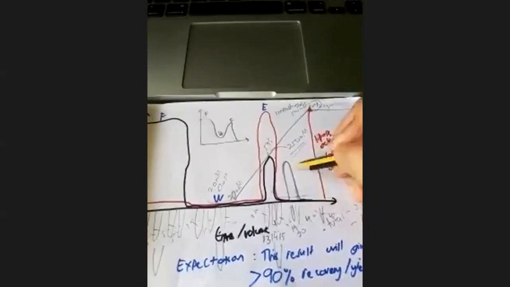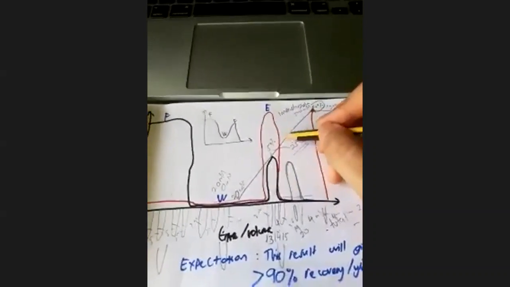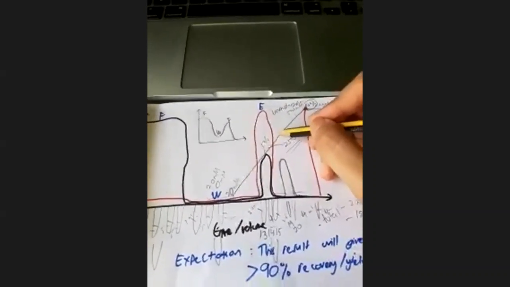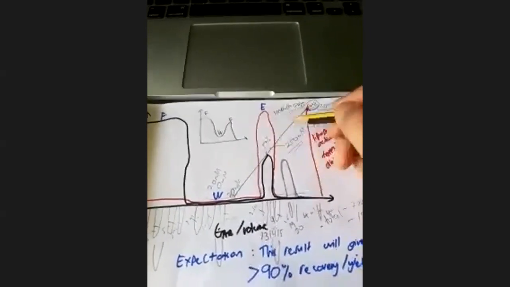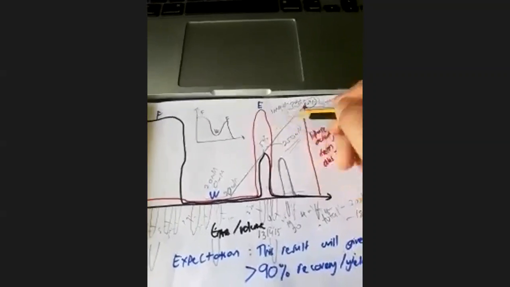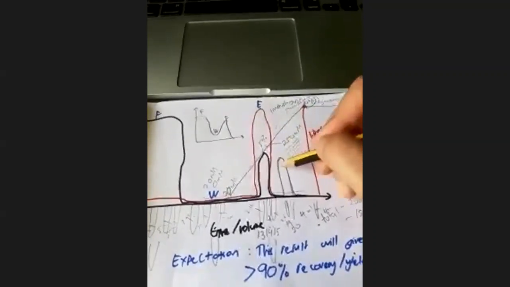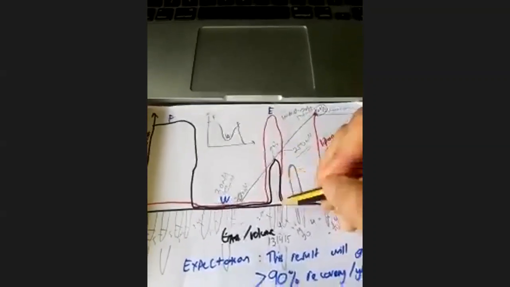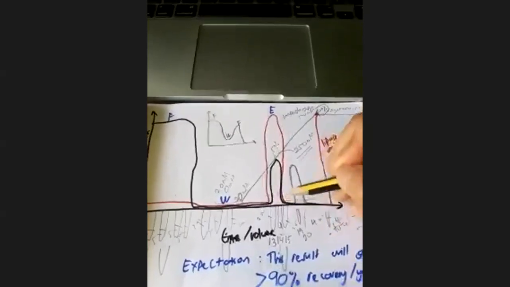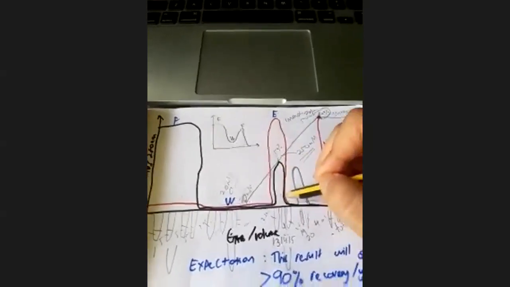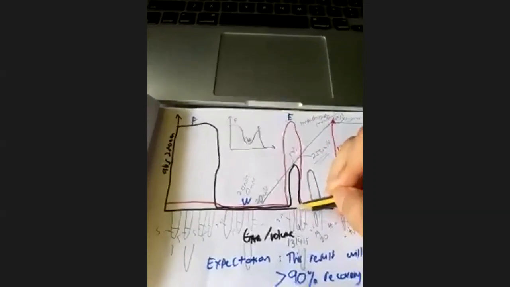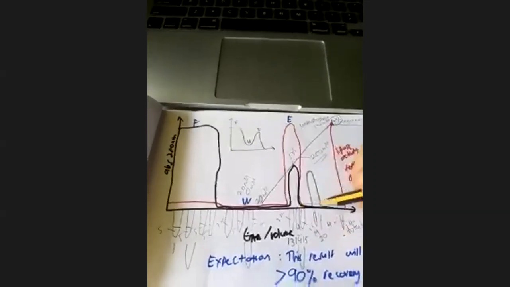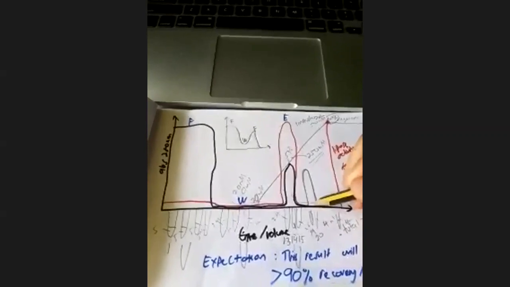So if the second peak is your lipase activity, meaning that your lipase has been eluted maybe at 60% imidazole, so you don't want this. It means that this peak has competed with your target, your lipase 2.